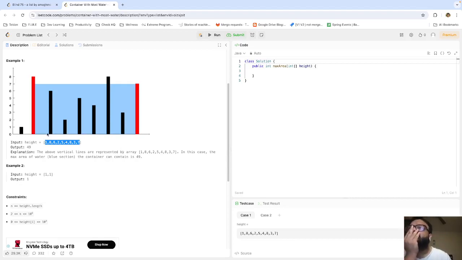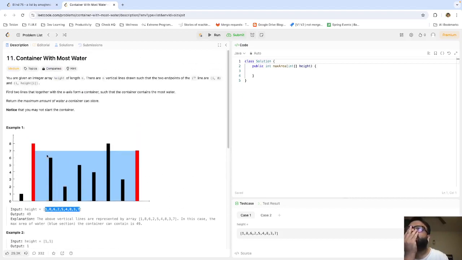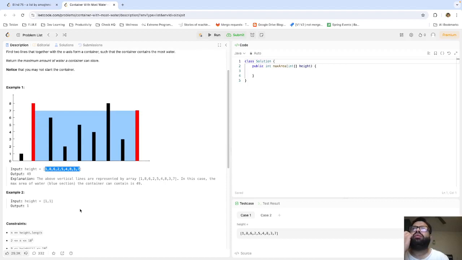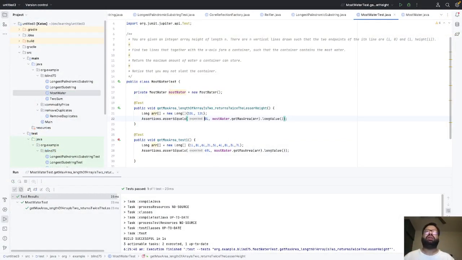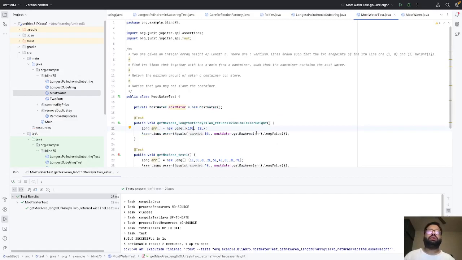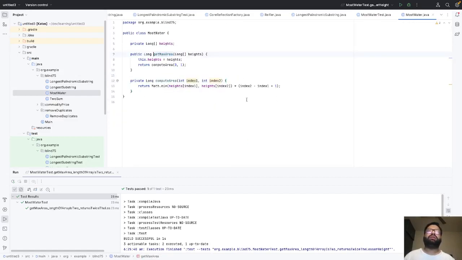How is it 49? Okay, we are exclusive of one point, so not an off by one error, but an incorrect test.